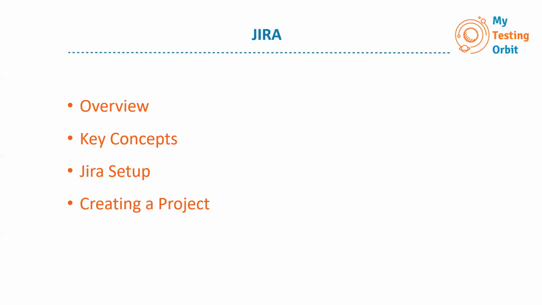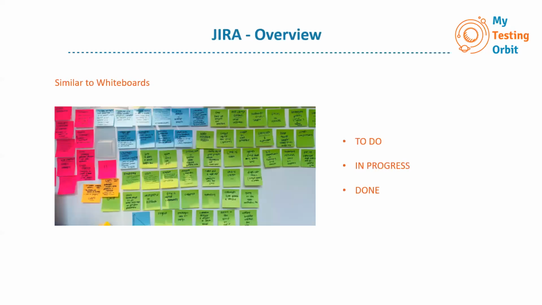Okay, let's move on. Over here you can see a whiteboard. I'm not sure if you are familiar with this, but maybe in a few companies you would have seen the concept of using a whiteboard where the user stories are written on different sticky notes and pasted on a whiteboard.